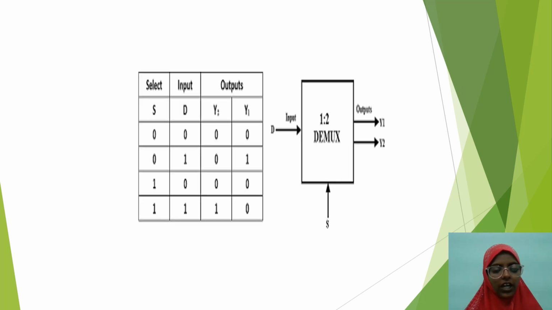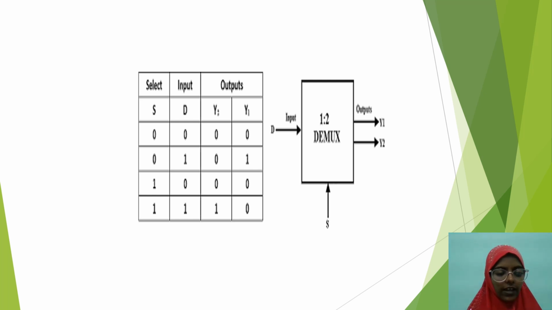In this slide, we have the truth table for a 1:2 demultiplexer. In the first row, the select line is 0 and the input is 0, and both outputs y1 and y2 give 0. In the second row, the select line is 0 and the input we give is 1, and the output for y1 is 1 and y2 is 0.